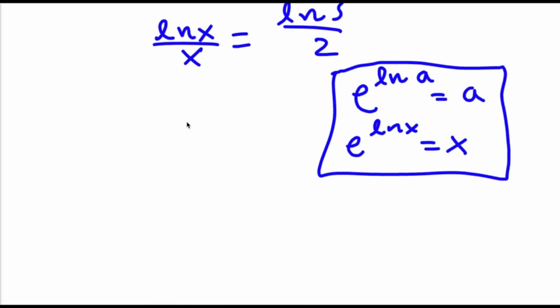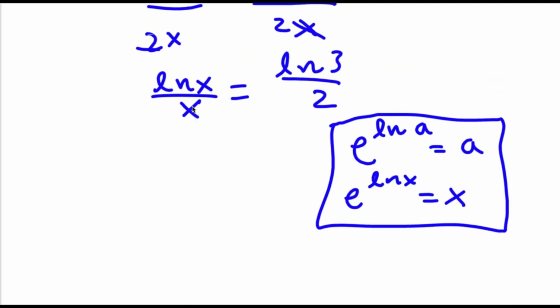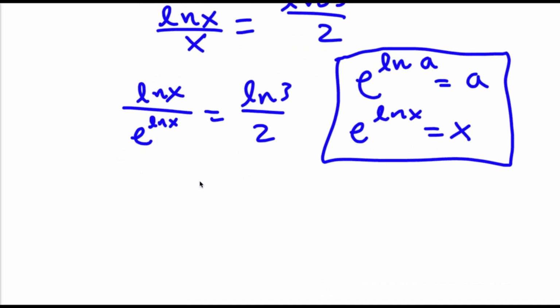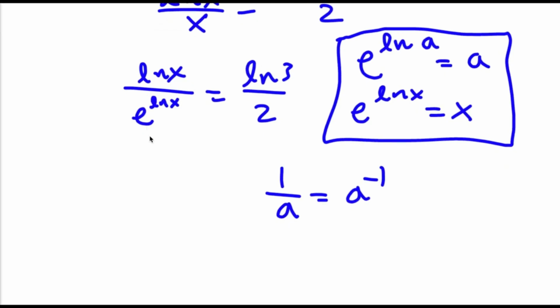So now what I'm going to do is, well, x here is the same thing as e to the power of ln x, right? So now I can rewrite x as e to the power of ln x. This is still equal to ln 3 over 2. And now, if I have something in the form 1 over a, this is equal to a to the power of negative 1.